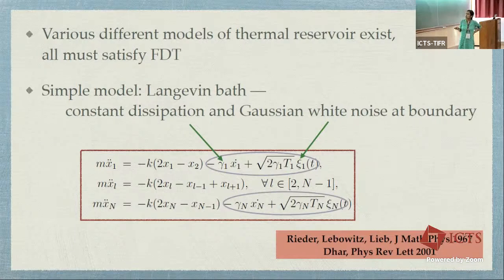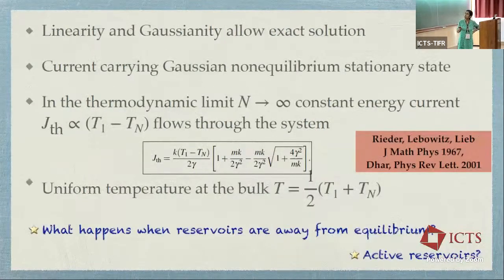This model was studied in detail in 1967, and many different aspects later. Let me give a brief summary of what happens here. Because the model is linear and the noise is Gaussian, it allows an exact solution. One can compute the exact current flowing through the system in the thermodynamic limit. It turns out that this current is simply proportional to the temperature difference.